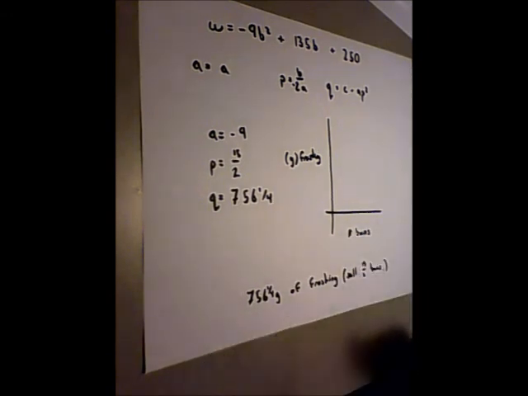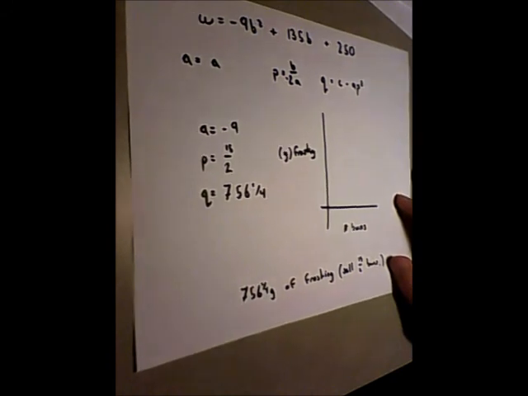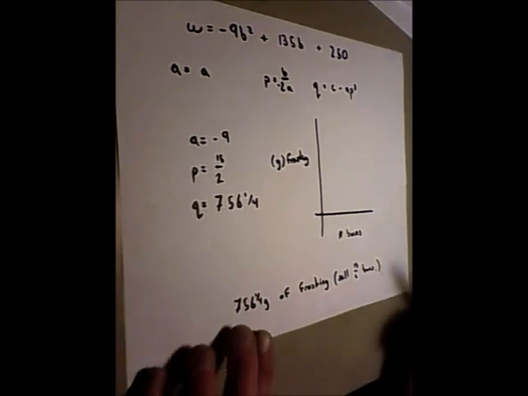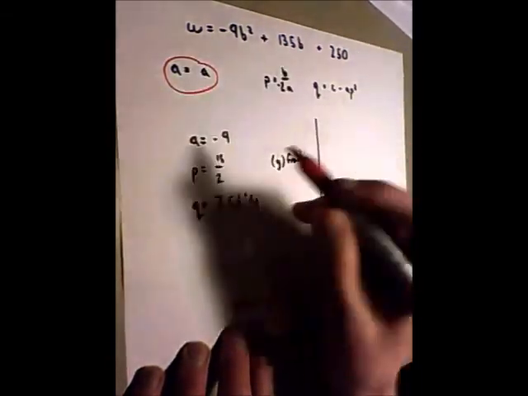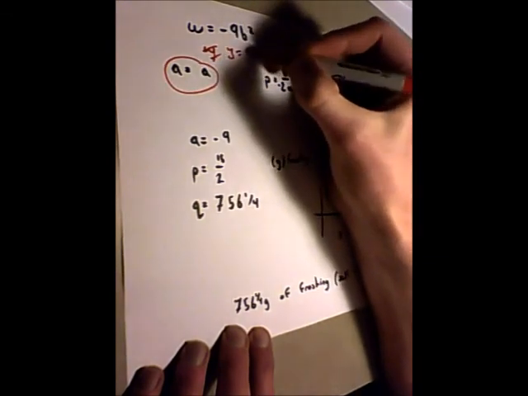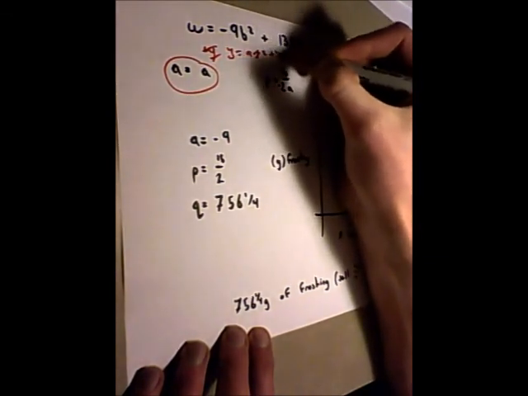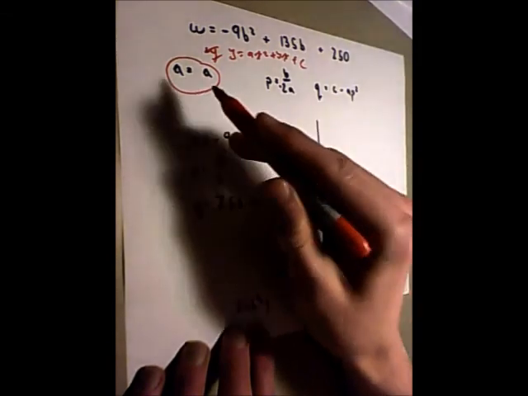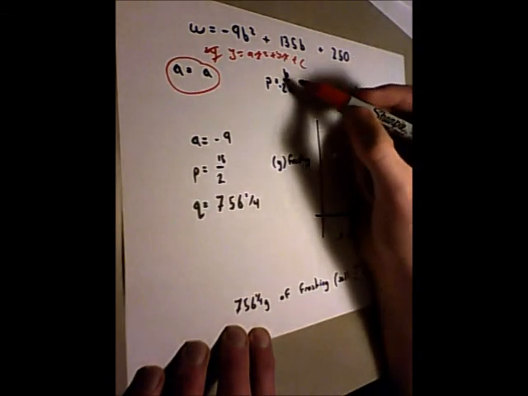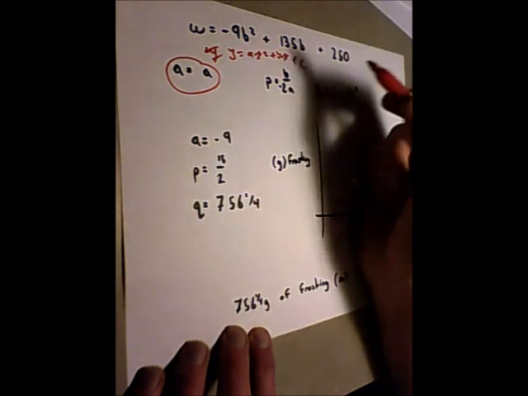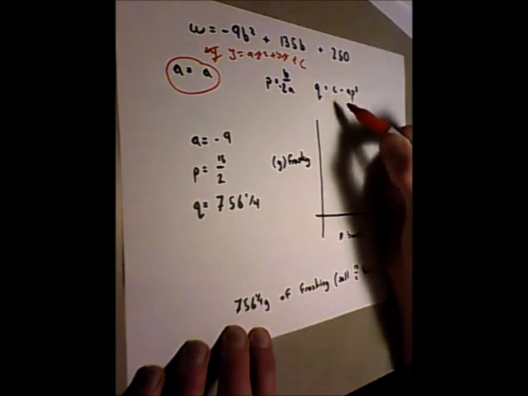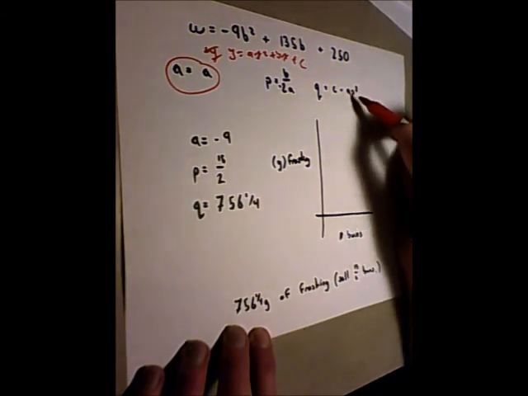So is there an easier way that we can graph this just from standard form? There is. We just have to remember that in standard form, y equals ax squared plus bx plus c, that a is equal to a in vertex form, p in vertex form is equal to b in standard form divided by -2a, and q in vertex form is equal to c in standard form minus ap squared.